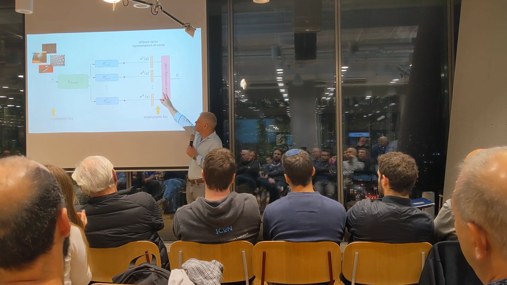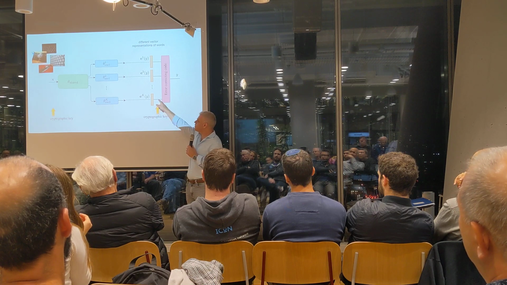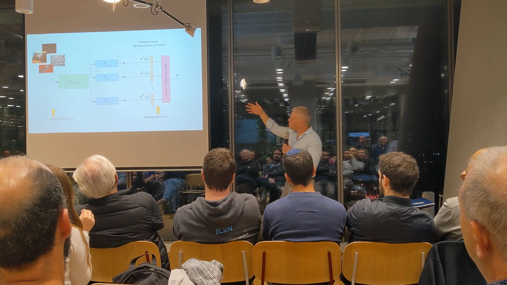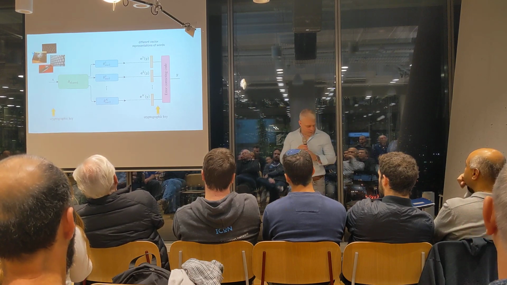So again, the idea is that each time you run an inference, you generate randomness in the prediction, and again use another mechanism for error correcting code.